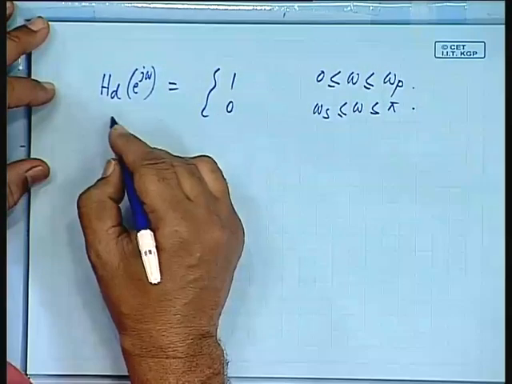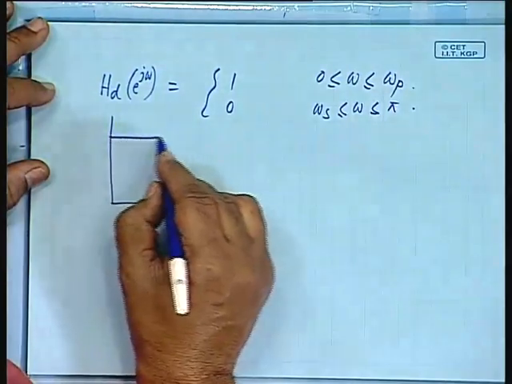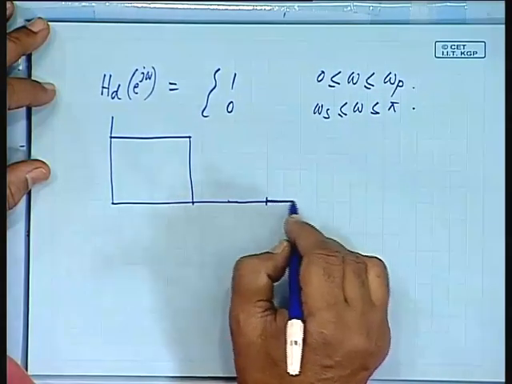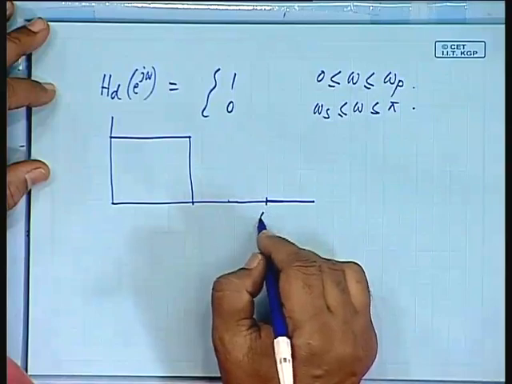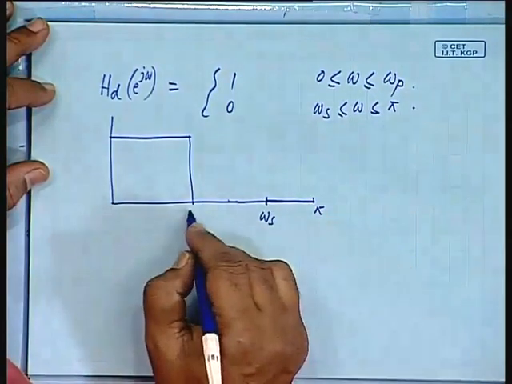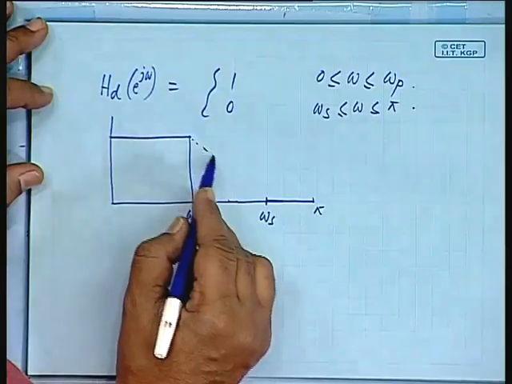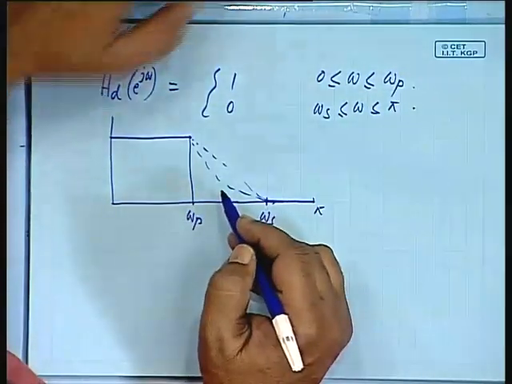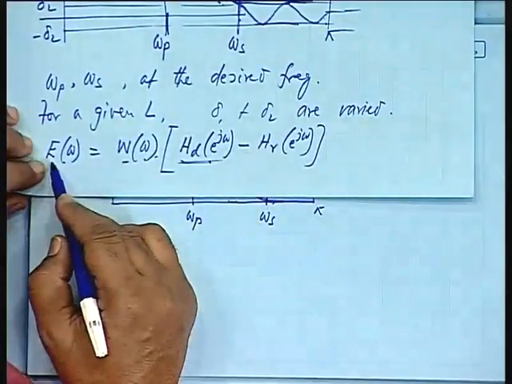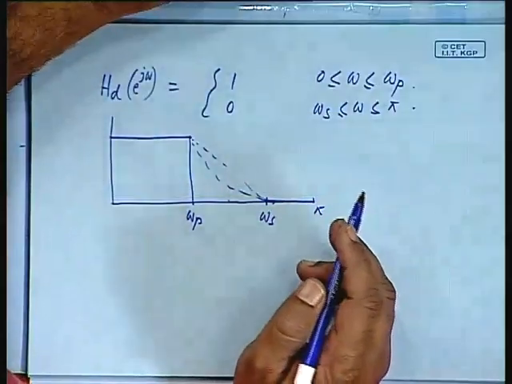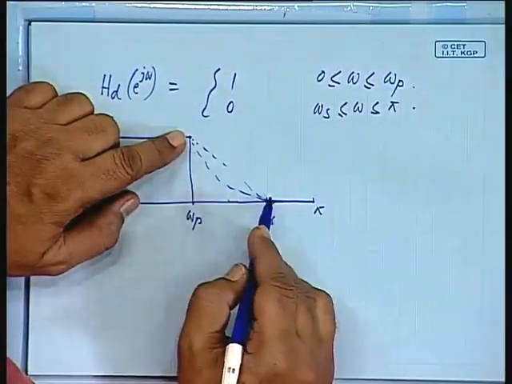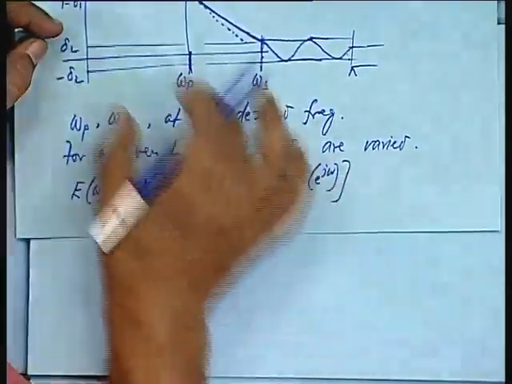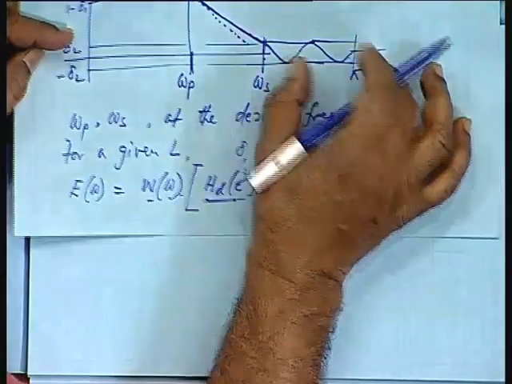This is the desired response. It can be like this. We are not putting any condition in this transition region in this error function. That means, this function will be measured only in these two subsets, all right.